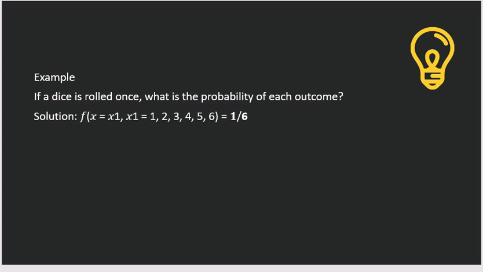So we have the given example. If a die is rolled once, what is the probability of each outcome? If we compute using the given formula, f of x is equal to 1 over k. The outcomes are 1, 2, 3, 4, 5, 6.